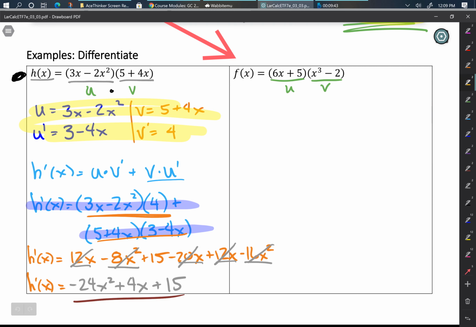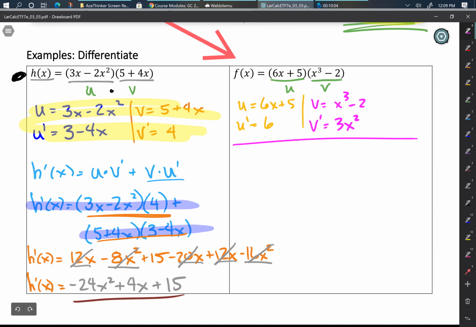Again, I have f of x is equal to u times v. So I'm going to define u. U is 6x plus 5. Then u prime would be 6. v is x cubed minus 2. So v prime is 3x squared.